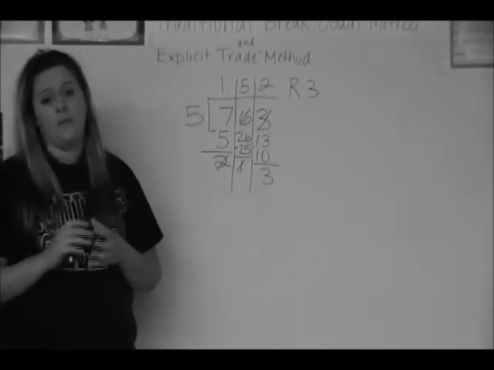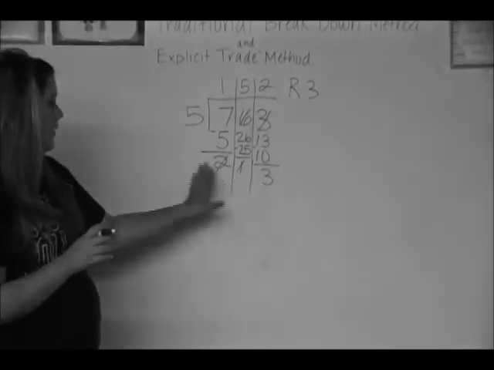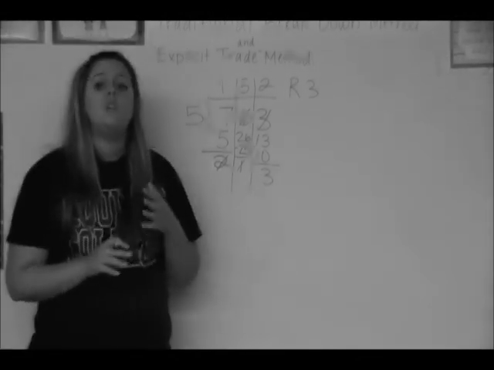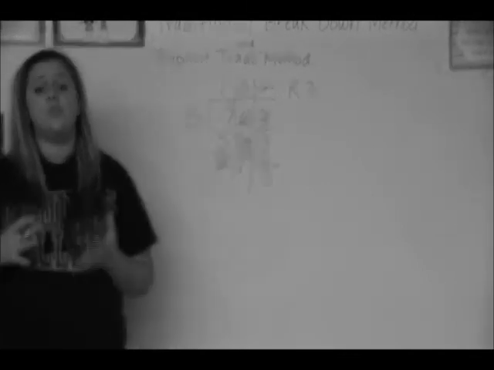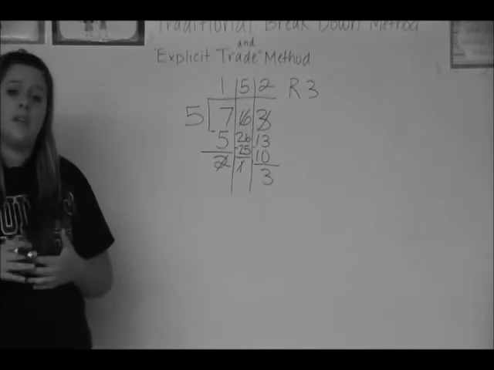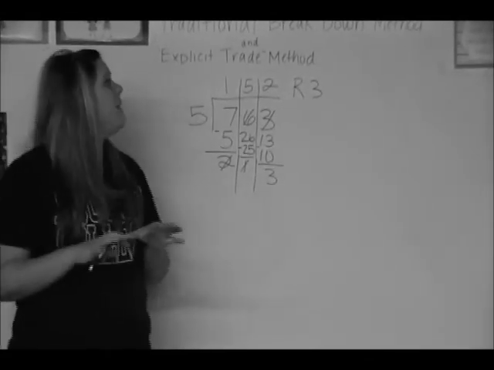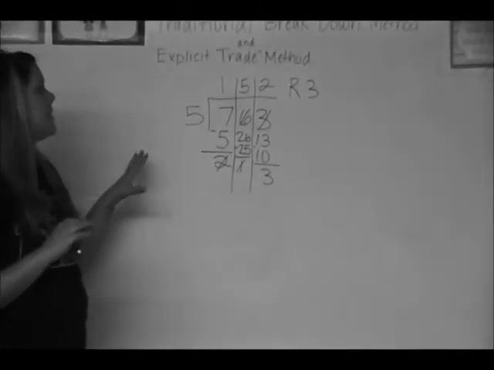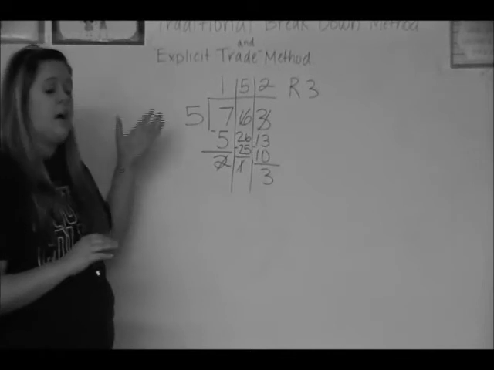We are just grouping our numbers together rather than leaving them spread apart in the different place values. So, when teaching our kids this, we need to remember that we also can do it visually. We can draw out things, we can show them the transfer from one to the other. But the best way to use this is, if they're not understanding, to break them down and to try both of them.